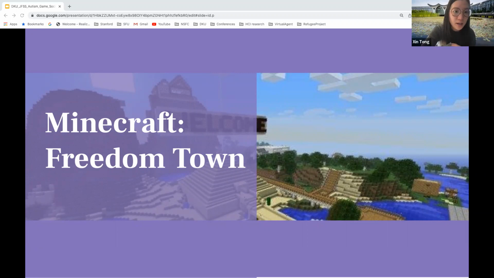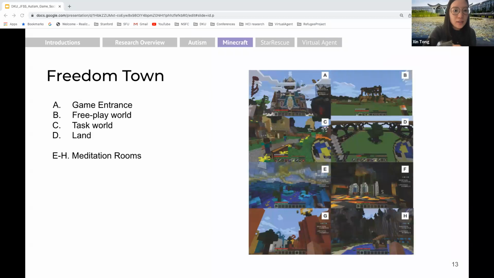We named it Freedom Town. In Freedom Town, besides free play, we also implemented some mandatory tasks, with different task worlds, so it's more focused. We also designed what we call meditation rooms. They're like the sensory rooms in real life, for children to calm themselves down when necessary.